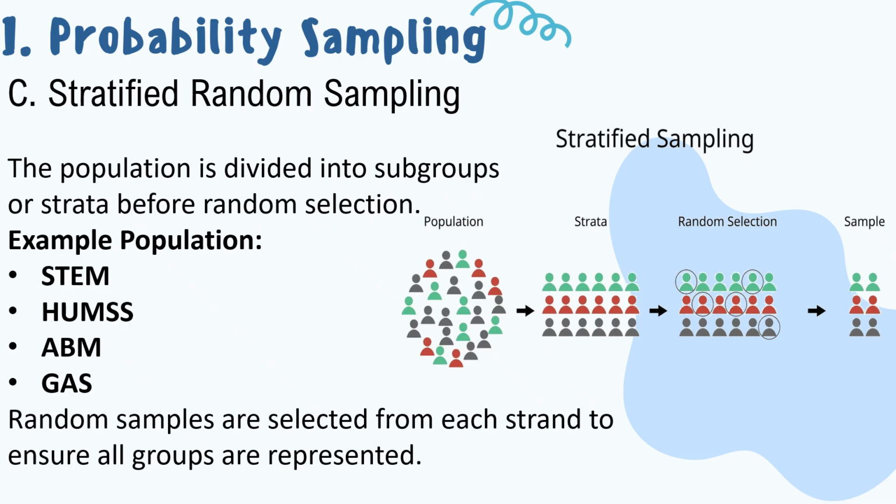Okay, so if I randomly select 200 students from the entire school without considering their strand, that's simple random sampling. Okay, but if I make sure that STEM, ABM, GAS, TVL are each represented and then randomly select from each, that is stratified random sampling.